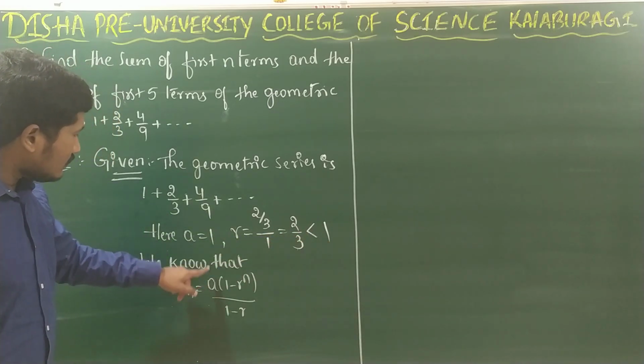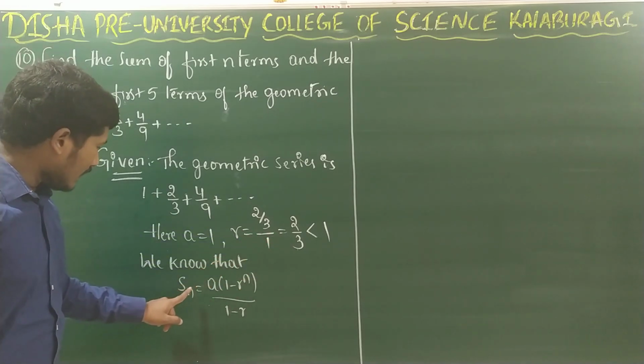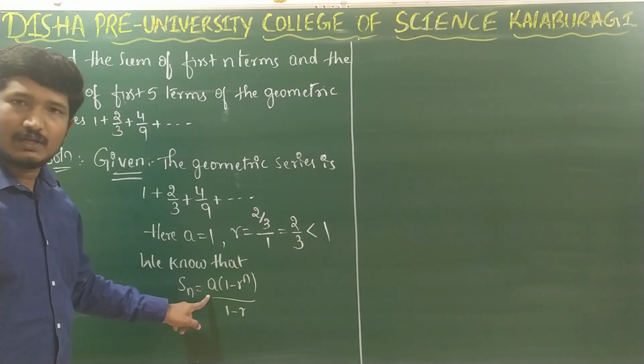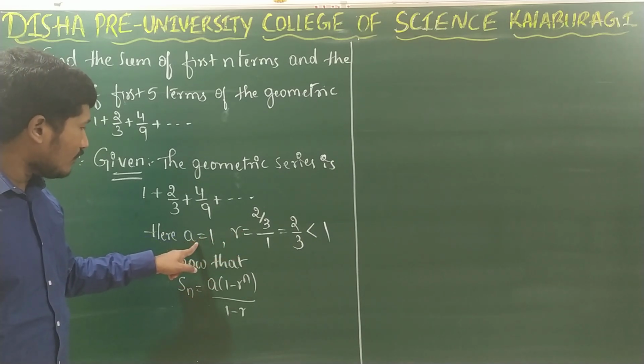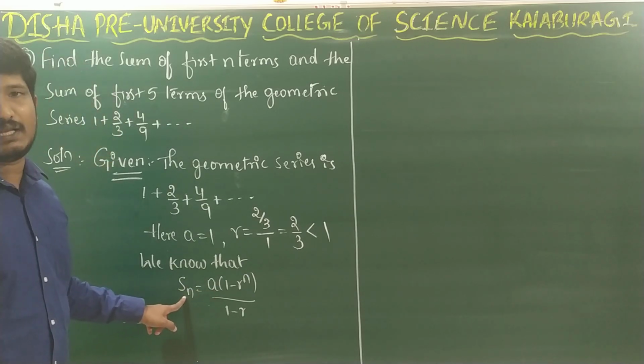Now, we know the value of A and we know the value of R. So, can I calculate the value of Sn? Let us substitute the value of A as well as R and see what will be our Sn.